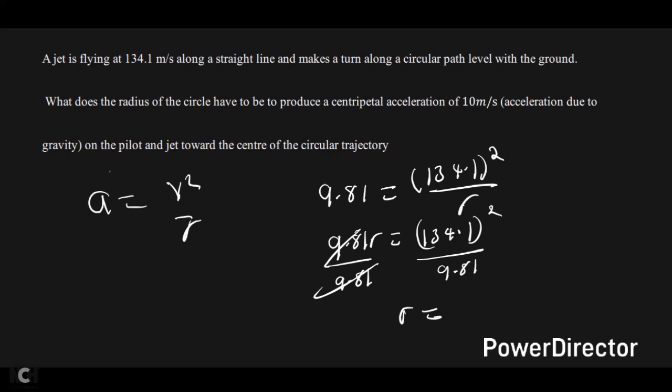Your radius will be 134.1 squared divided by 9.81. So you will find something like 1833 meters. So that's how you calculate that one.